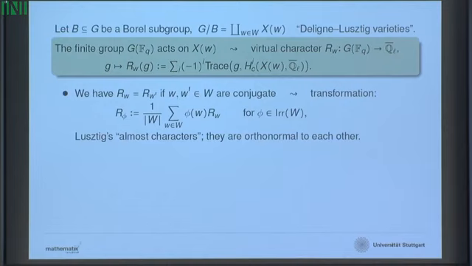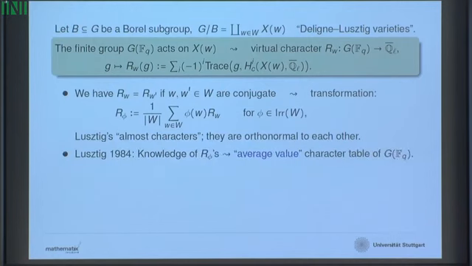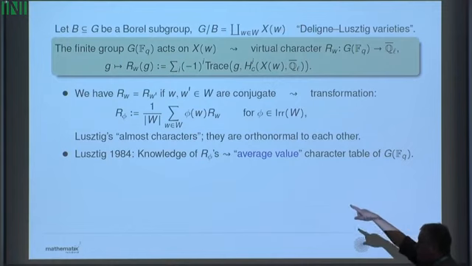These were called almost characters by Lusztig. For example, these are already orthogonal functions of norm 1, but in general they are not virtual characters anymore.